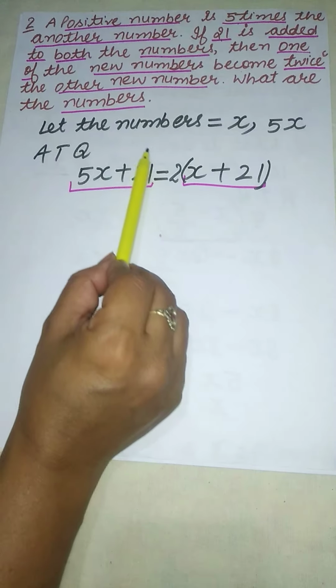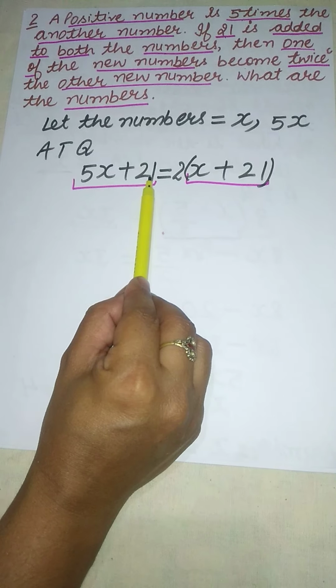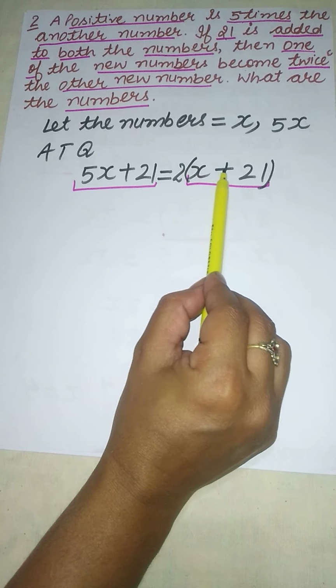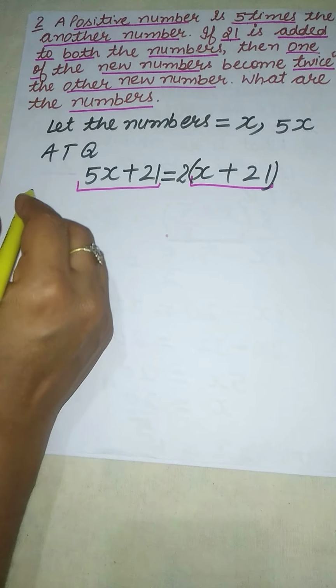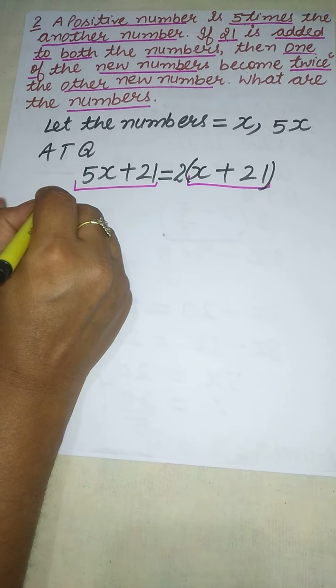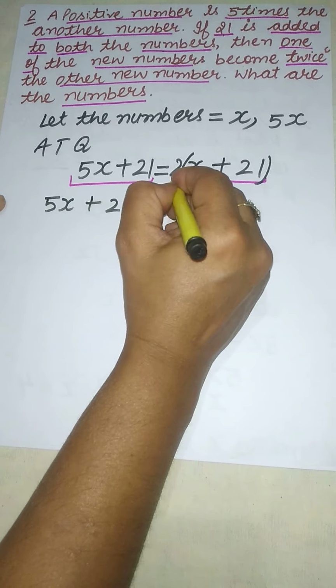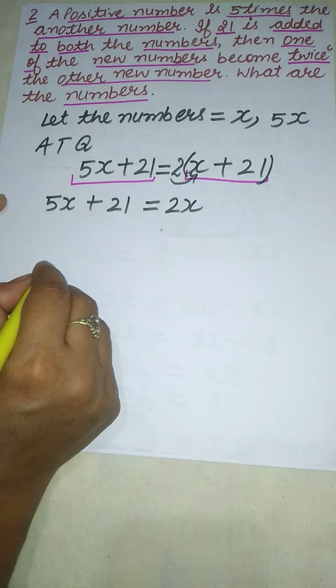It is very clear from the statement that 5x plus 21 is greater. It will be twice the number x plus 21. So this is the required equation. Now 5x plus 21 is equal to 2 multiplied by x, that is 2x.